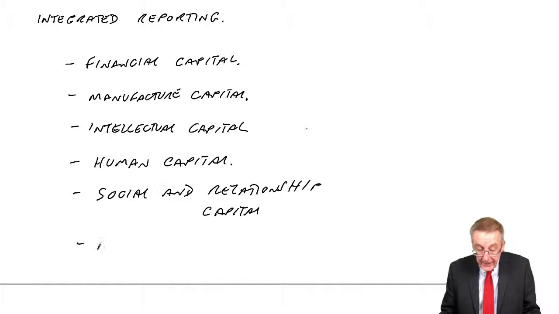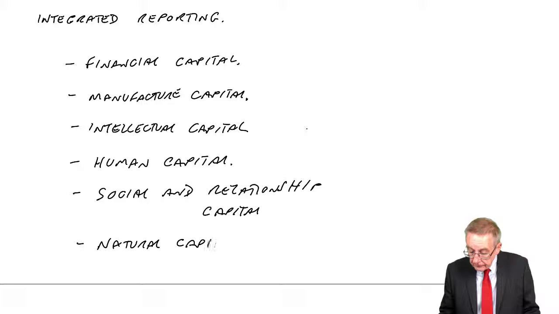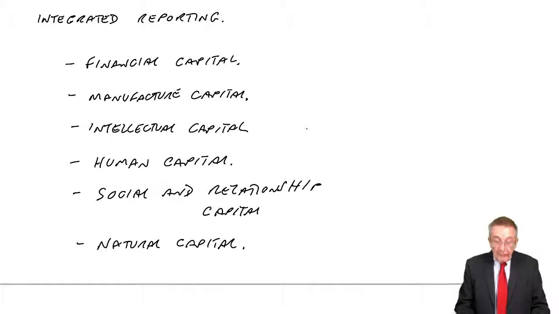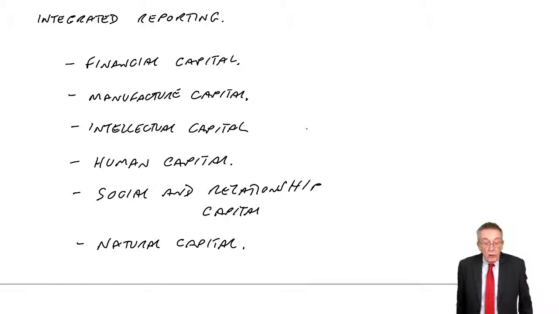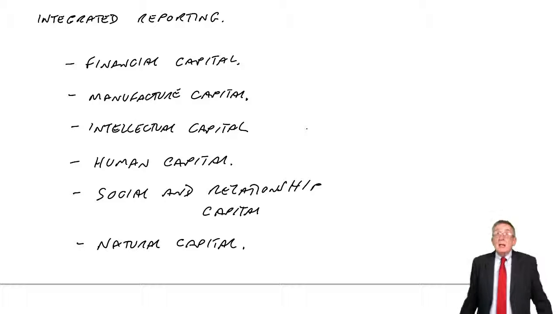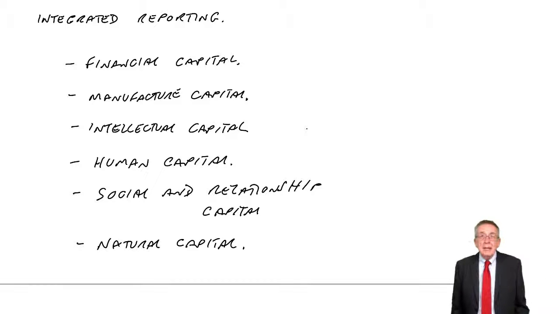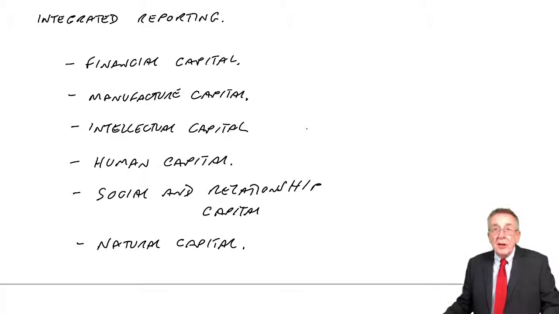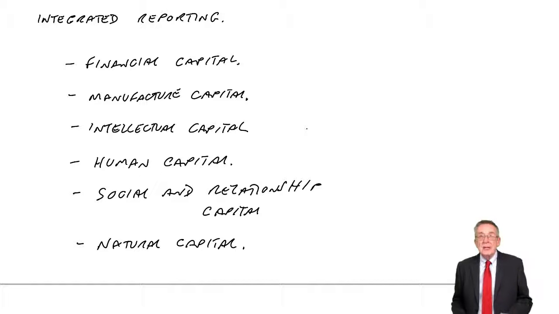And finally, the natural capital. What I've written: all renewable and non-renewable environmental resources that are used or affected by the business. Some are obvious, like an oil company needs access to oil, a natural resource.